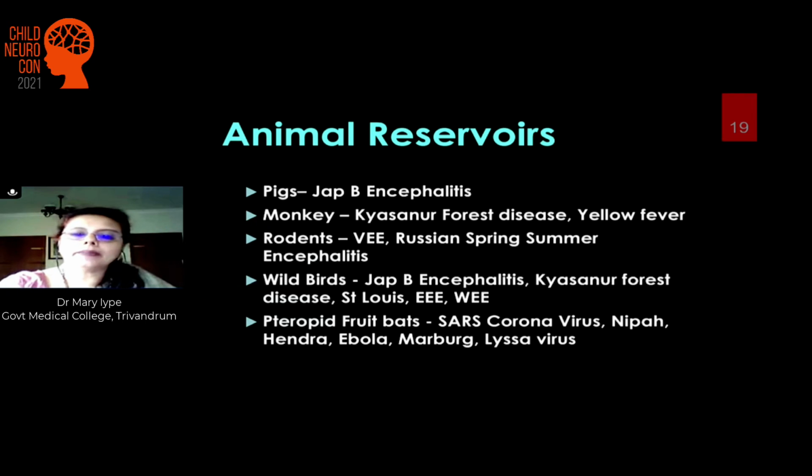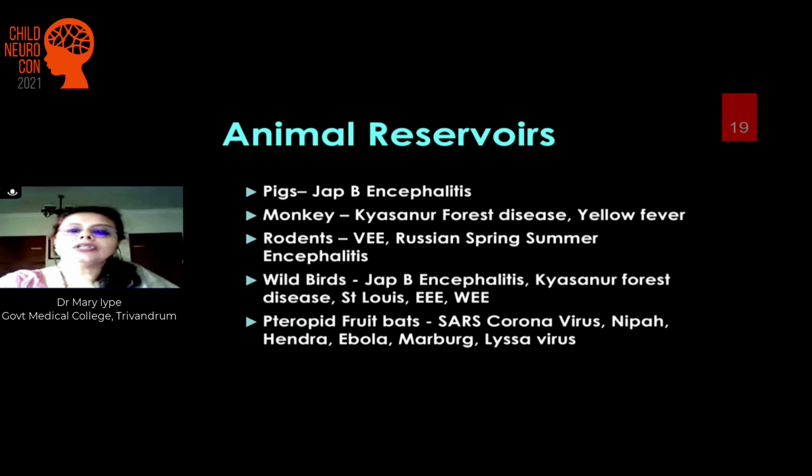Wild birds are important here because they act as reservoirs for Japanese encephalitis. Kyasanur forest disease is also harbored in wild birds. The pteropid fruit bats have hit the headlines recently as they are the reservoir for Nipah virus, which caused so much death in Kerala in 2018. The SARS coronavirus is also harbored in these fruit bats.